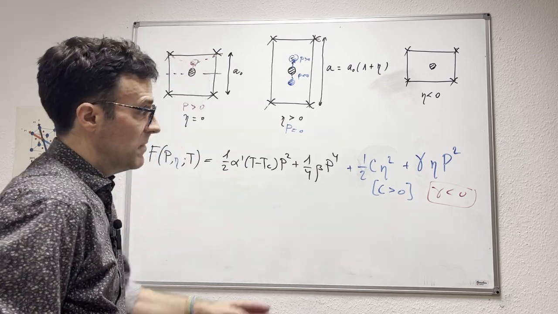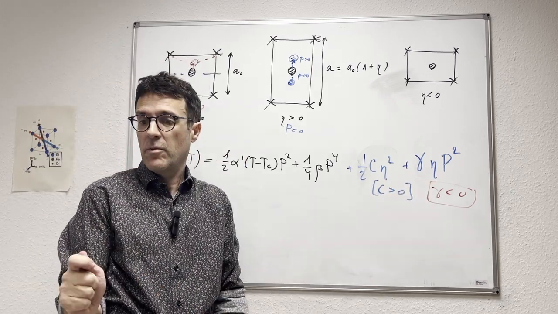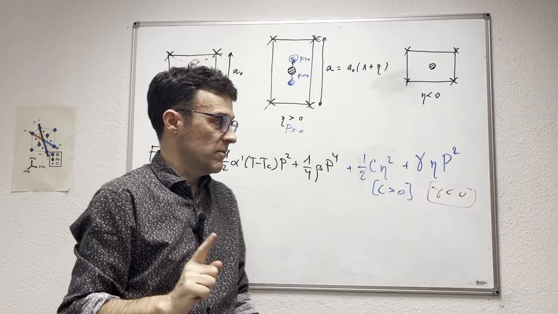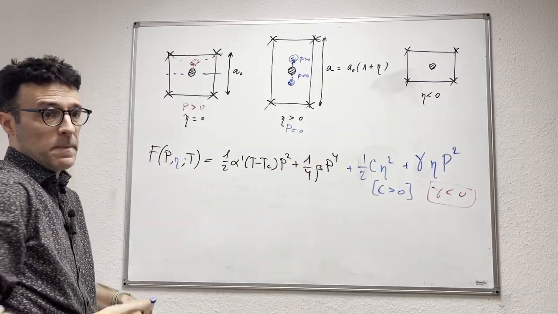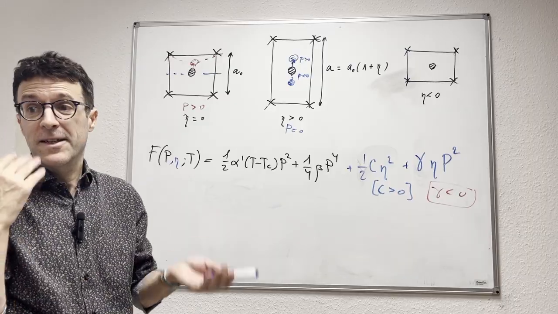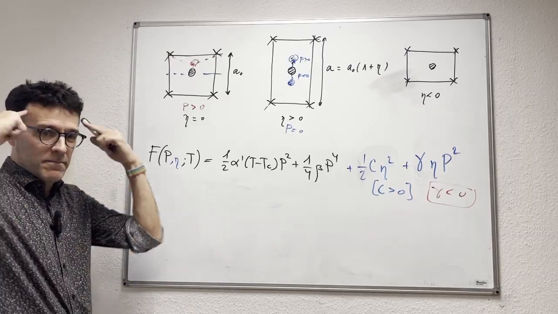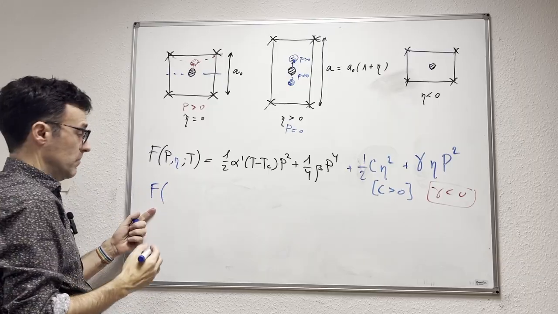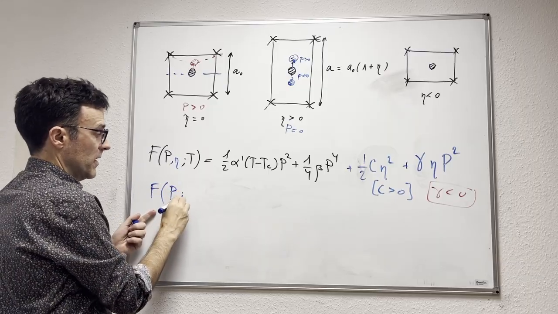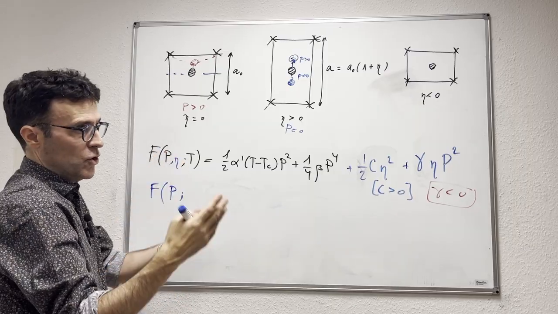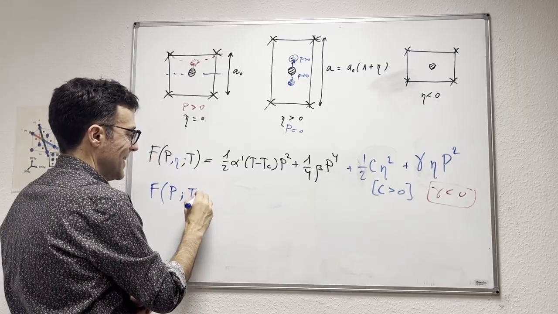So for a second, let's imagine that the strain is a controllable parameter from the outside. Then for this full theory, I can compute the equation of state for the polarization. Now strain is an external parameter. Let me just intellectually think that my free energy is a function of the polarization and a function of two external parameters or external control knobs, if you want, the temperature and the strain.